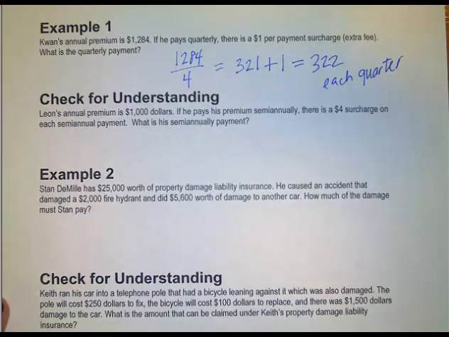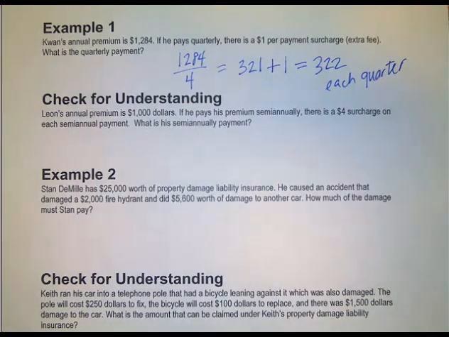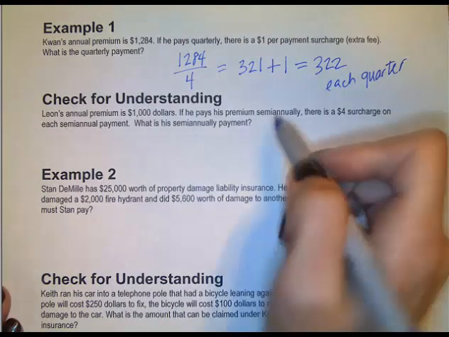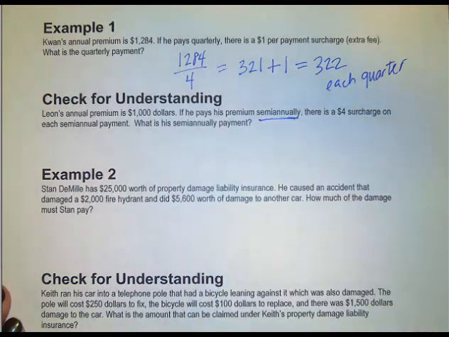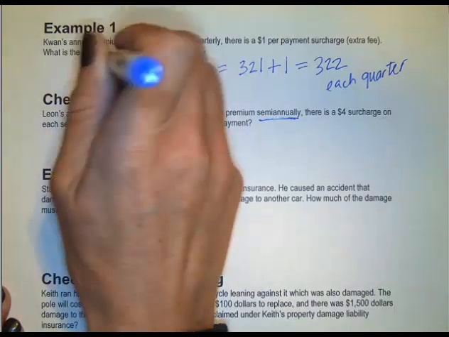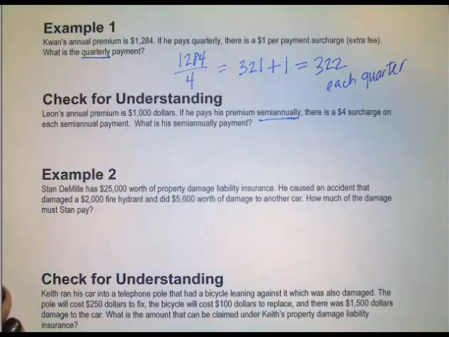Okay. So check for understanding. Leon's annual premium is $1,000. If he pays his premium semi-annually, there is a $4 surcharge on each semi-annual payment. What is his semi-annual payment? So in the previous one, quarterly meant 4 times a year. Semi-annual means 2 times a year.